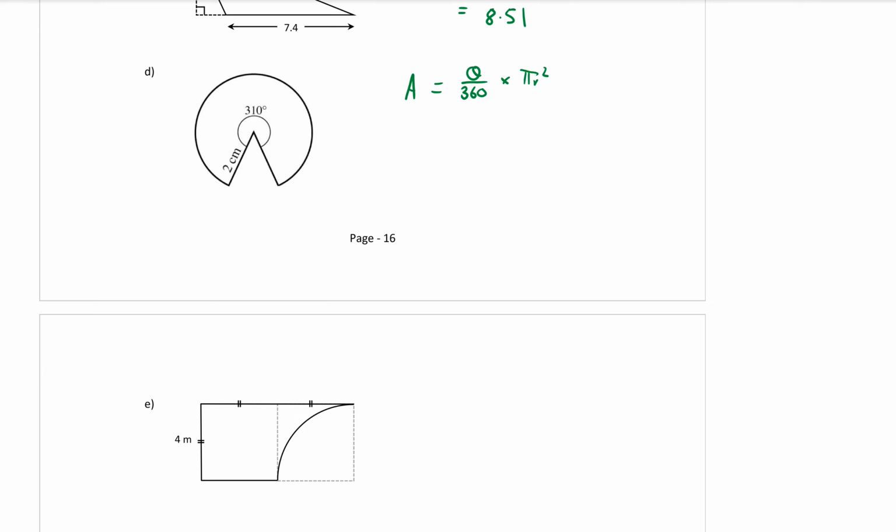Remember back in year 8 when you had your formula test and you had to memorize all these formulas? Yep, same formulas. So the radius is the 2, the theta is just the angle, it's 310. So sub it in.